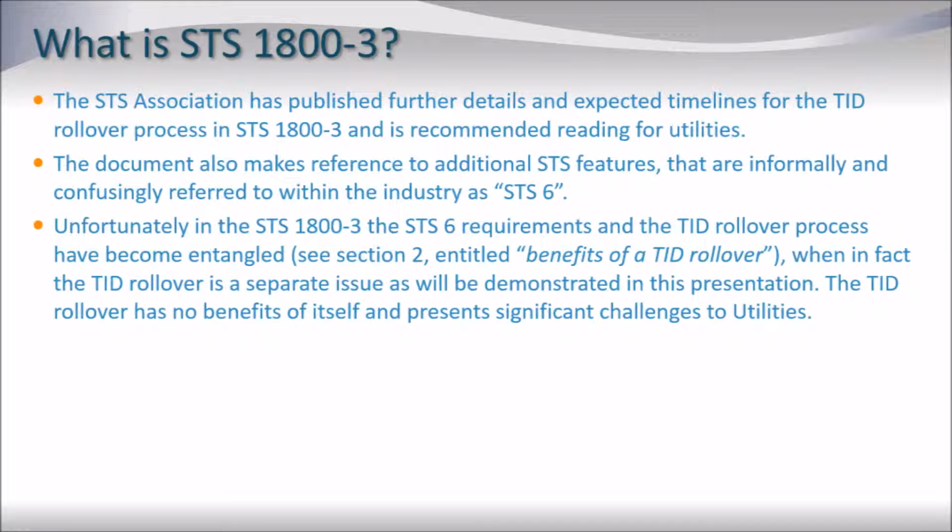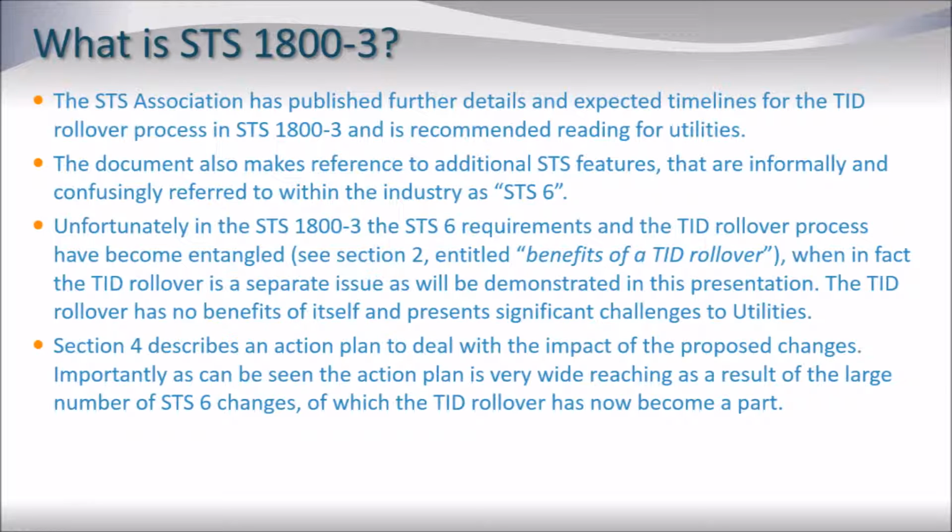Unfortunately, in the STS 18003 document, the STS 6 requirements and the TID rollover process have become entangled, hence the name of this presentation. See section 2 entitled Benefits of a TID rollover, when in fact the TID rollover is a separate issue, as will be demonstrated in this presentation. In fact, the TID rollover has no benefits of itself and presents significant challenges to utilities.